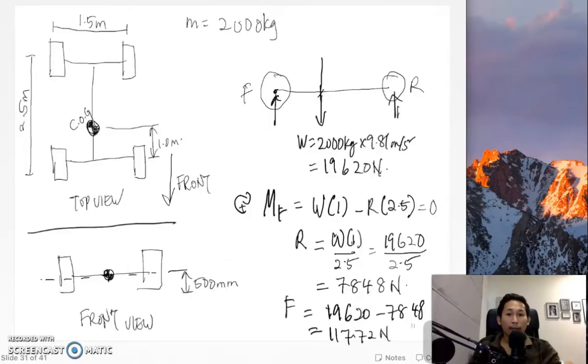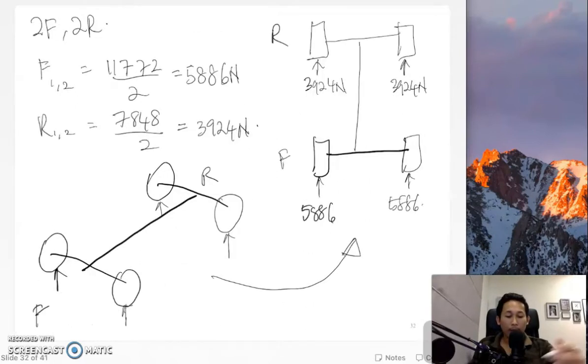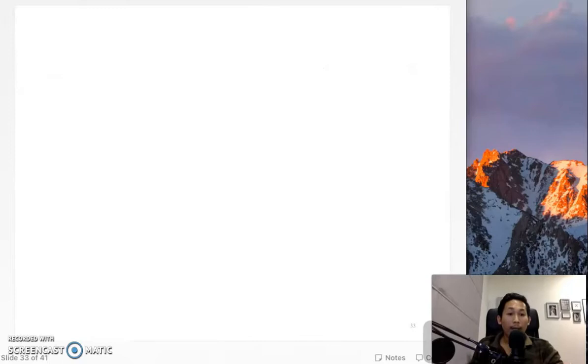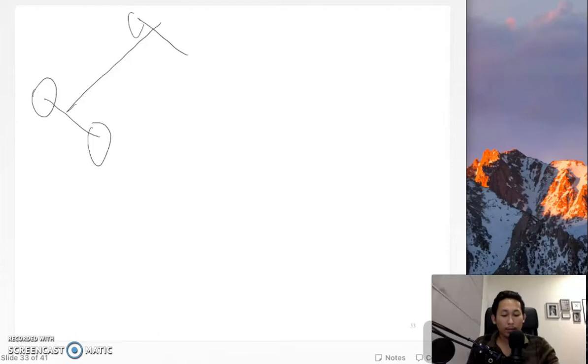Now let us have a look at the gyroscopic couple made from the wheel. Let's say I draw this. This is front and this is the rear.